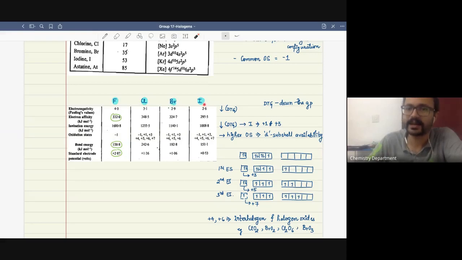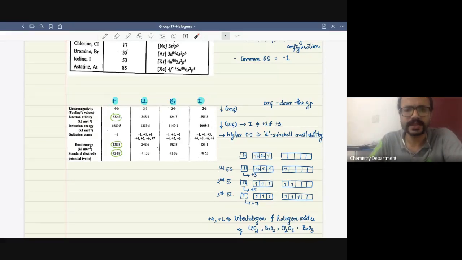Iodine can easily form a positive oxidation state, and that is the reason why iodine is more electropositive in nature. That is because of the very low ionization energy of the iodine element.